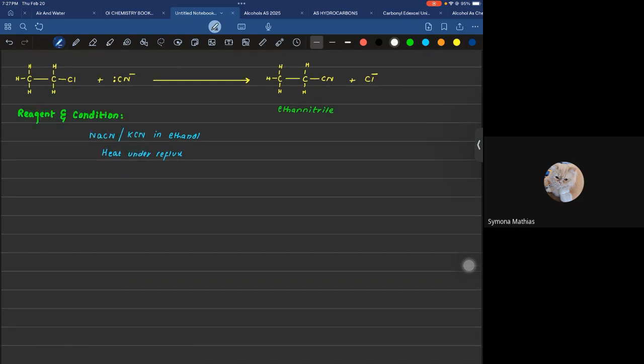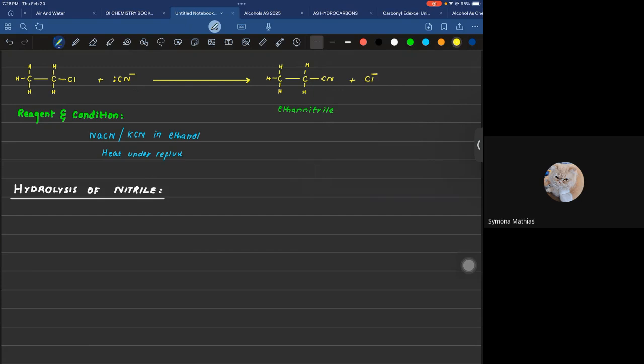We can do hydrolysis. So hydrolysis of nitrile. What is hydrolysis?